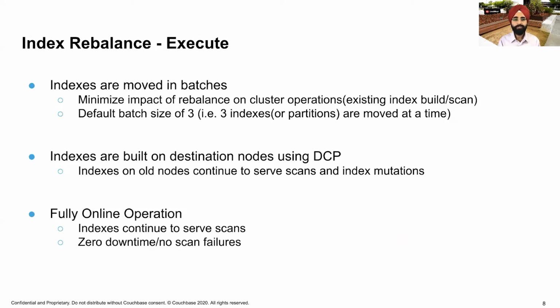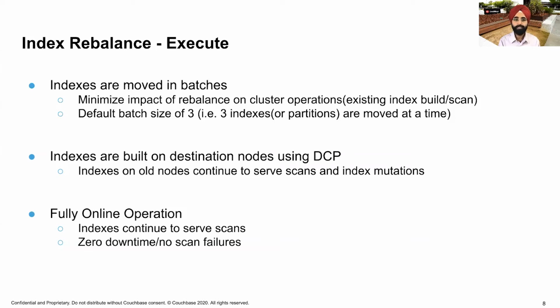Now coming to the execution phase, the indexes are moved around in batches. This is done to minimize the impact of rebalance on the cluster operations, for example, the existing index maintenance or the scans which might be going on.